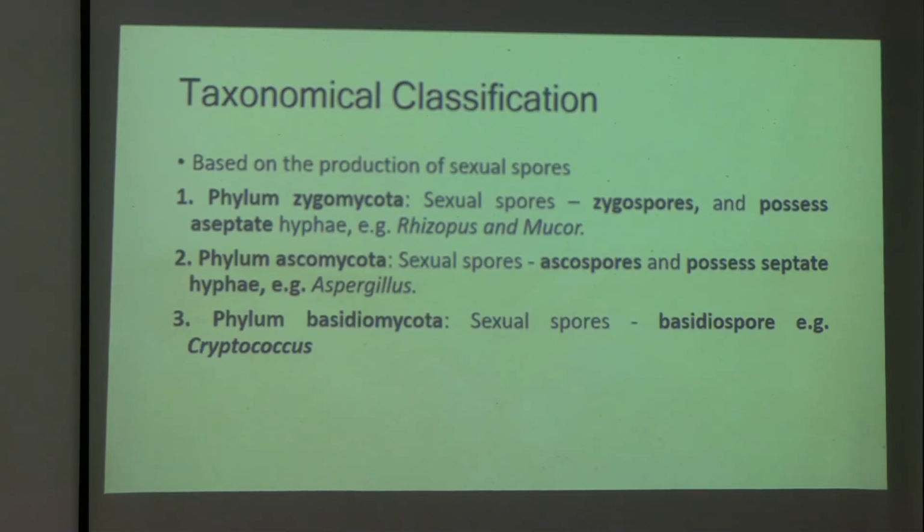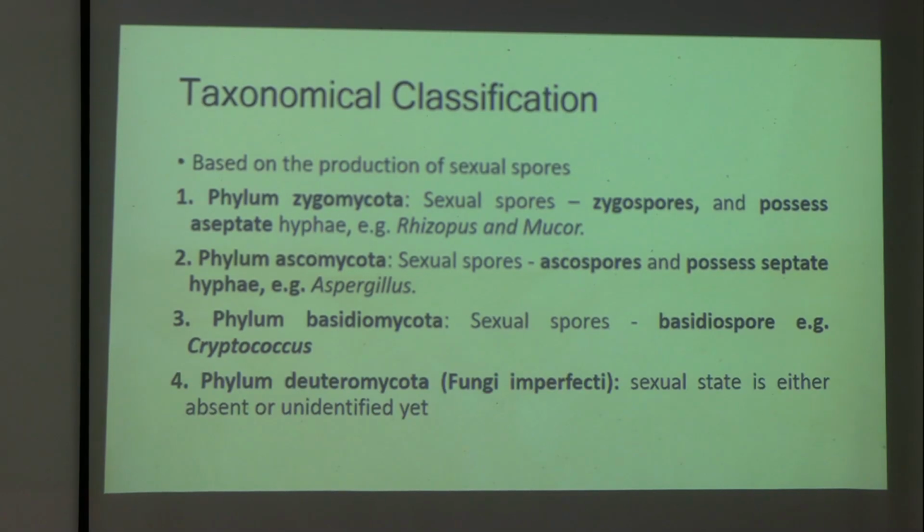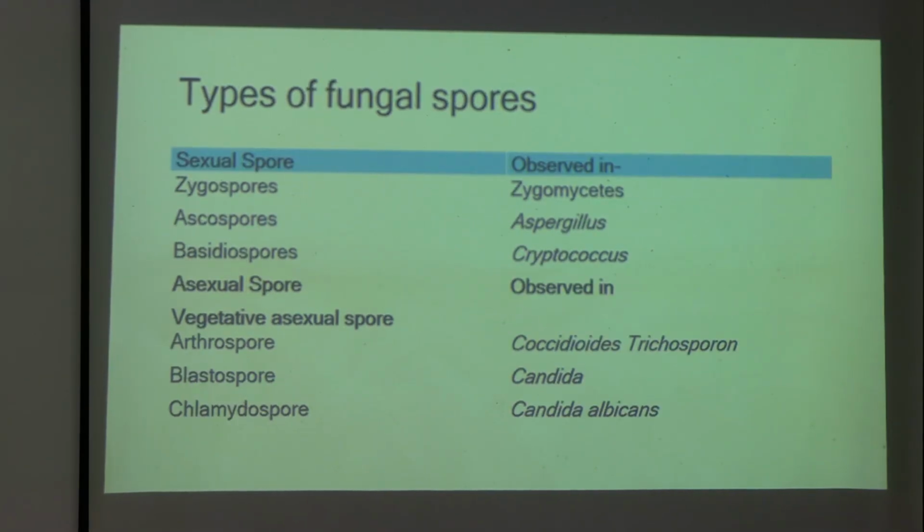They have basidiospores. Example is Cryptococcus. Then you have phylum Deuteromycota. The sexual state is either absent or unidentified. Zygospores are observed in Zygomycetes. Ascospores are observed in Aspergillus. These examples you have to know.